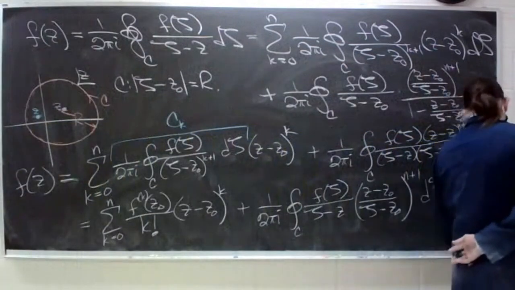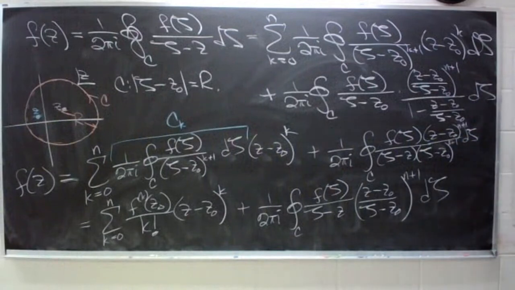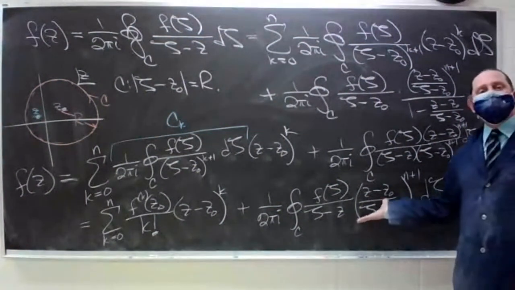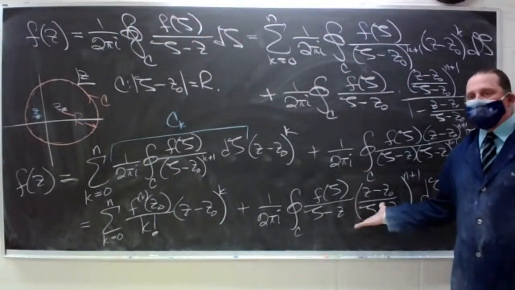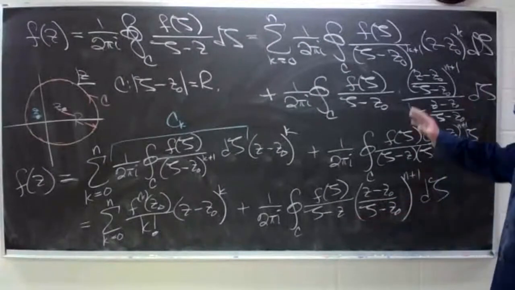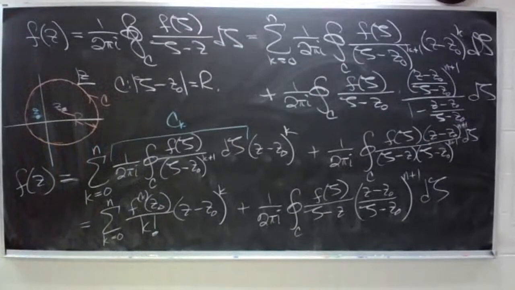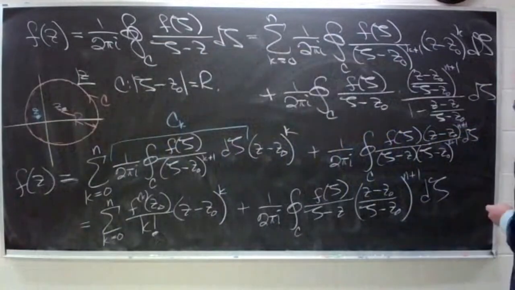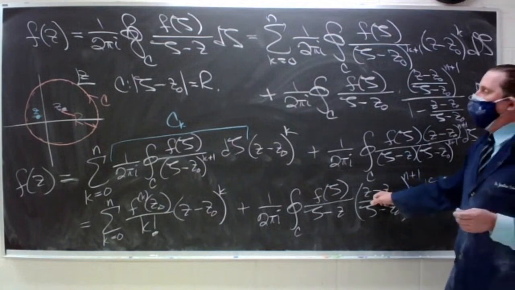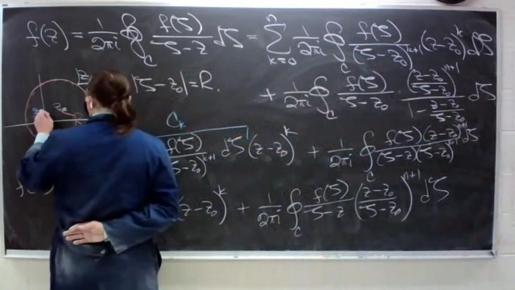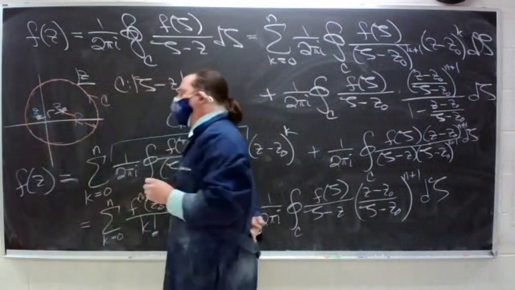Now, like any good complex student, we are now going to use integral bounds to bound this error. Let's see what we've got. We assumed f was analytic, so it must have a maximum on the circle. Let's call that maximum M. The modulus of z minus z naught is this distance, what I'm going to call lowercase r.